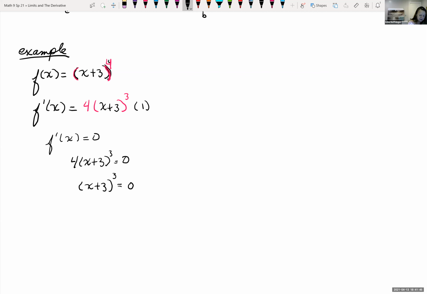If I take the cube root of both sides to get rid of the cube, the index is odd, so I don't need the plus or minus. I get x plus 3 equals the cube root of 0, which is 0. To solve for x, we subtract 3 on both sides. We get x is -3. So this is our critical number or value.